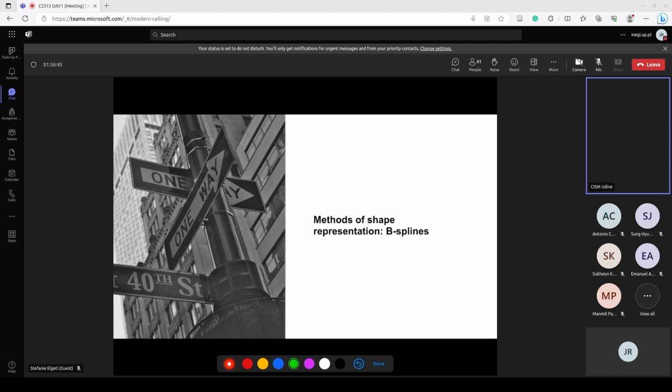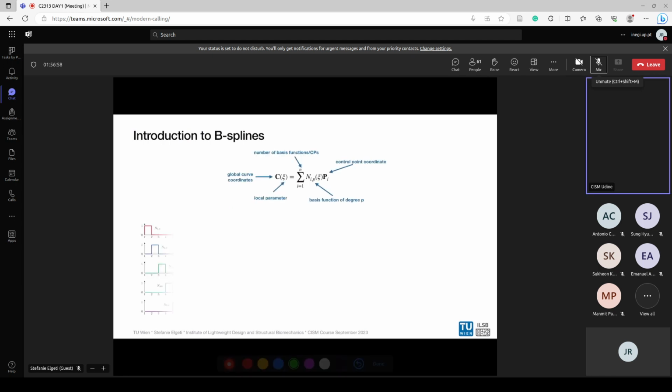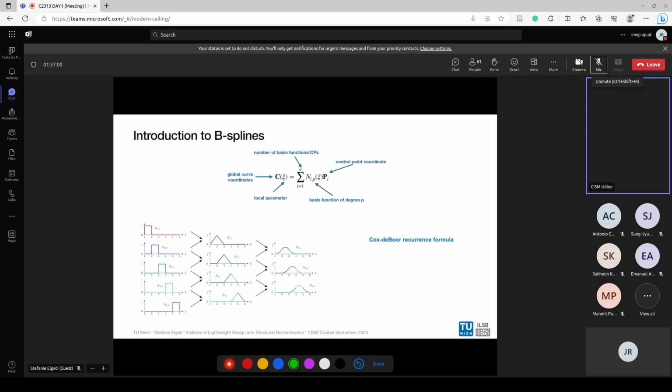So the first improvement over Bezier splines are the B-splines. B-splines are essentially structured in the same way. I'm just going through everything here. We have the curve that is a function of a local parameter xi. We have the sum over all control points. We have control point coordinates, and we have basis functions.